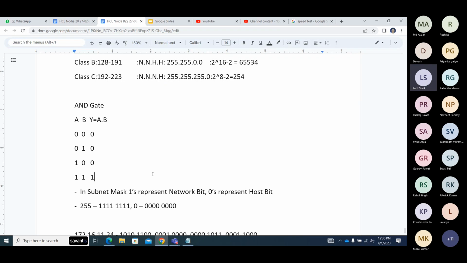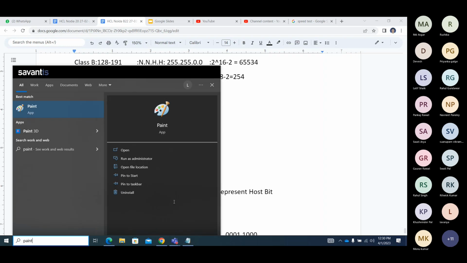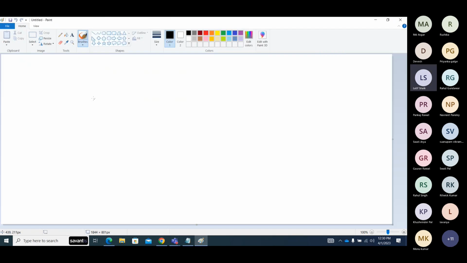So if you give an input, your A input and B input, so it's 0 0. The AND gate between 0 0 is 0 only.